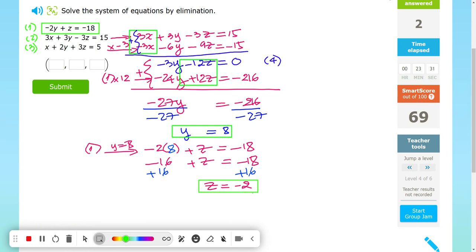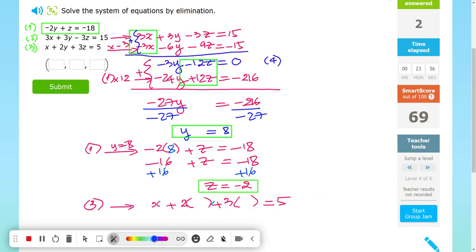So I've got two unknowns already. If you want x, y and z, you need to find x. I will substitute into equation number 3: x plus 2y plus 3z equals 5.